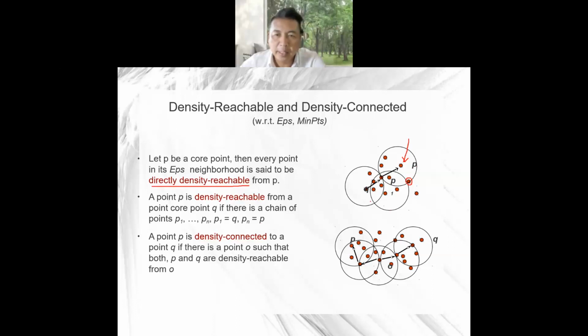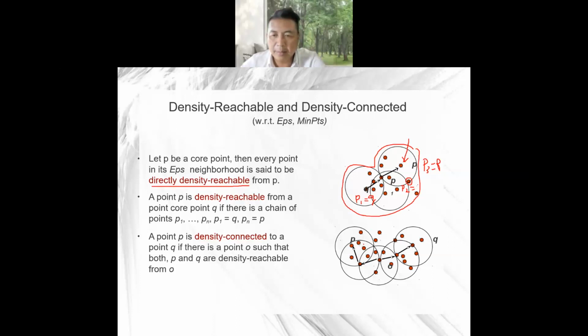So you have a series. This is P1, Q, and this is P2, and this is P3. So we say that this is directly density reachable to that, meaning that this is one cluster already.